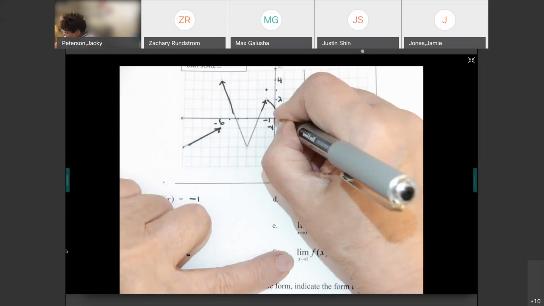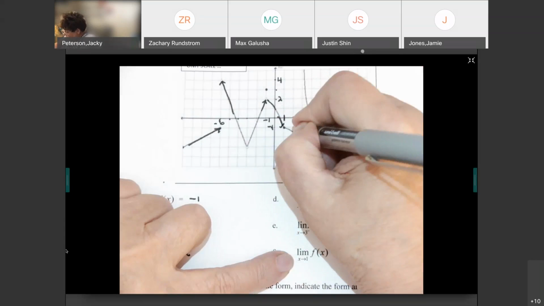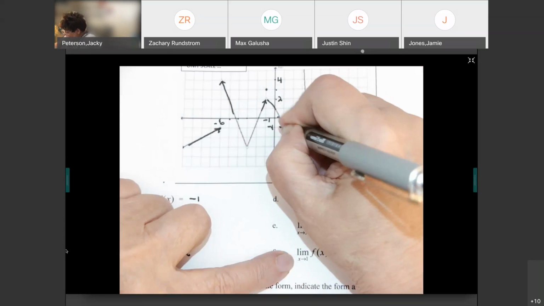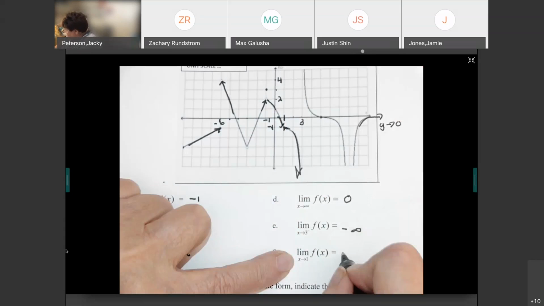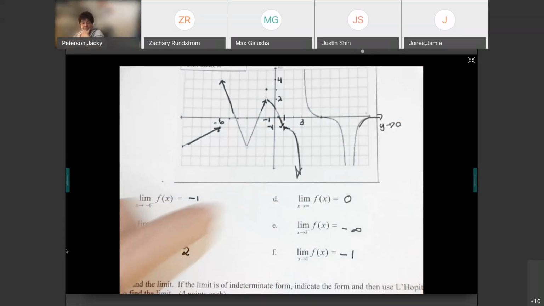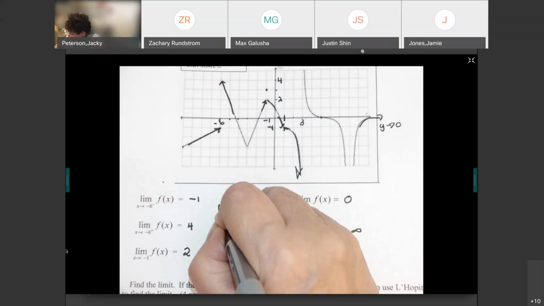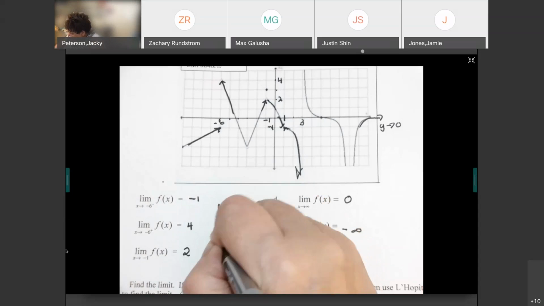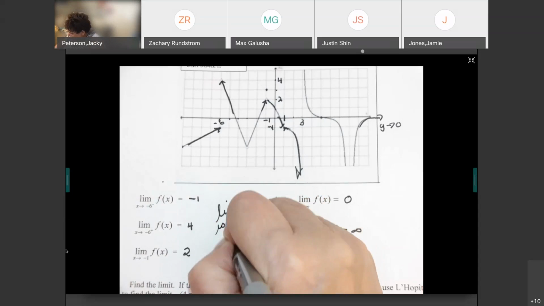Come in from the left of 1, I stop at -1. Right of 1, I stop at -1. And so it's -1. But I drew on the graph directly because you remember the limit is a y value.